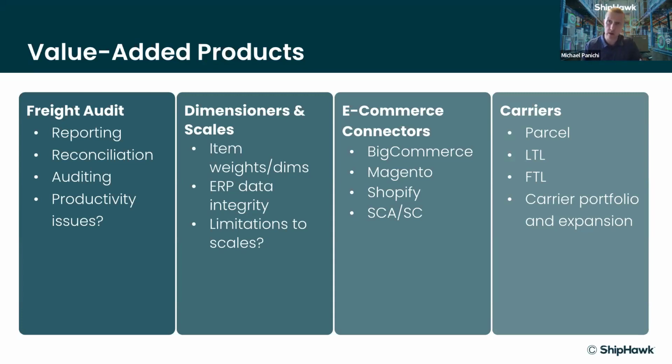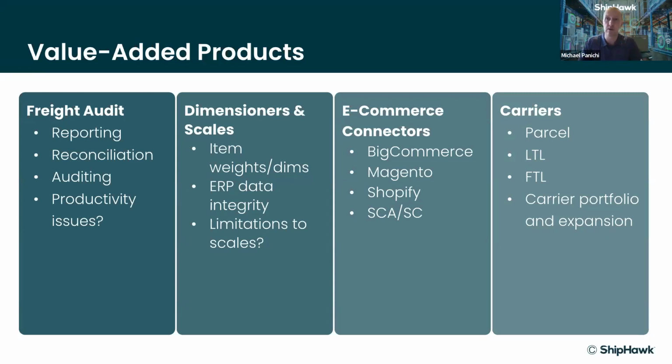What does that mean? Well, major parcel carriers charge based on dimensional weight. And if you only have the weight of the item, then your quote is going to be off versus what your contract is with that carrier. So you need to record the dimensional weight, the weight plus length times width times height.